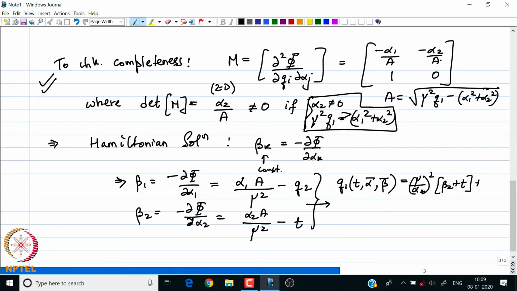Again, the purpose for giving the solution is that students should verify that these indeed are the solution to our Hamiltonian system, or the extremal solution to our Hamiltonian system. And q2 of t comma alpha bar comma beta is alpha 1 by alpha 2 t plus beta 2 minus beta 1.